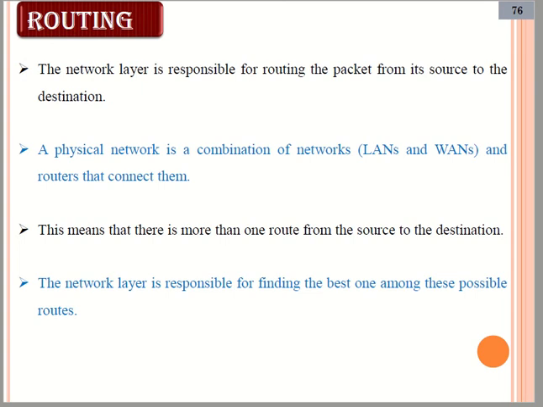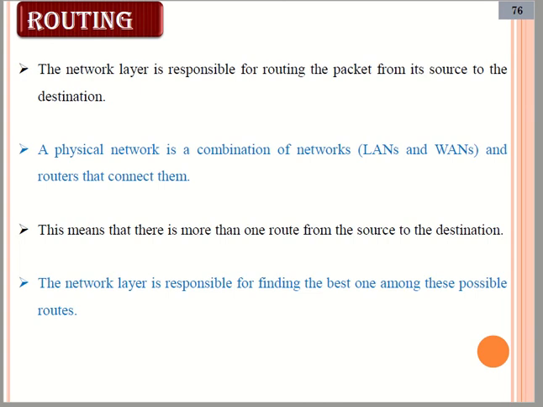The network layer, as I said, is responsible for routing the packet from its source to the destination. However, the network is formed as a combination of networks. It will consist of LANs and WANs, which will be connected through routers.